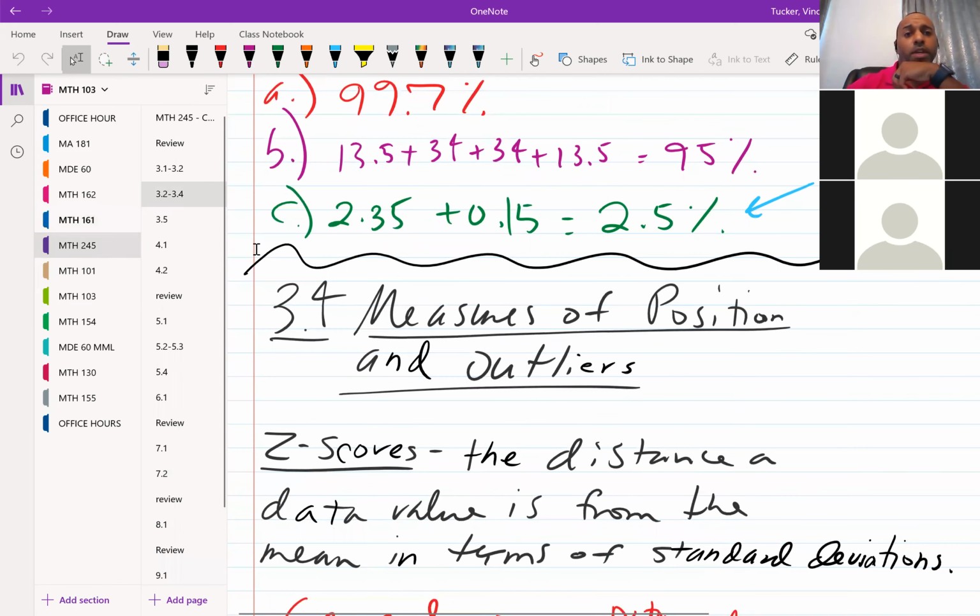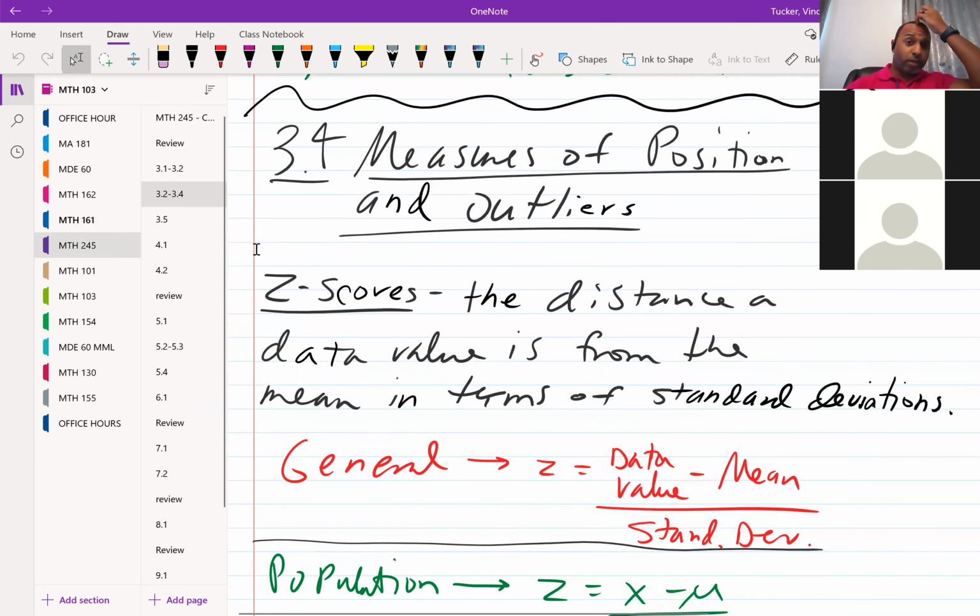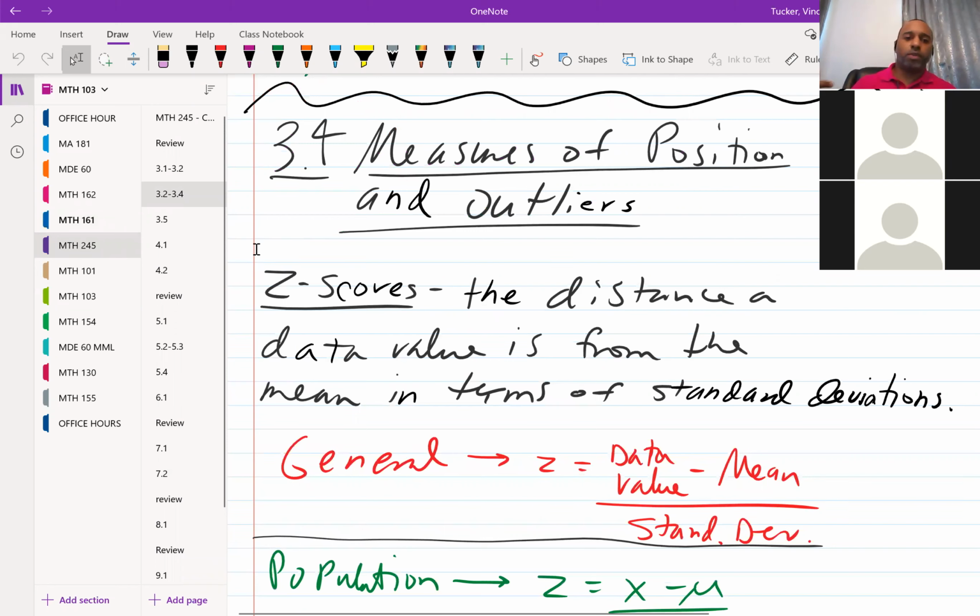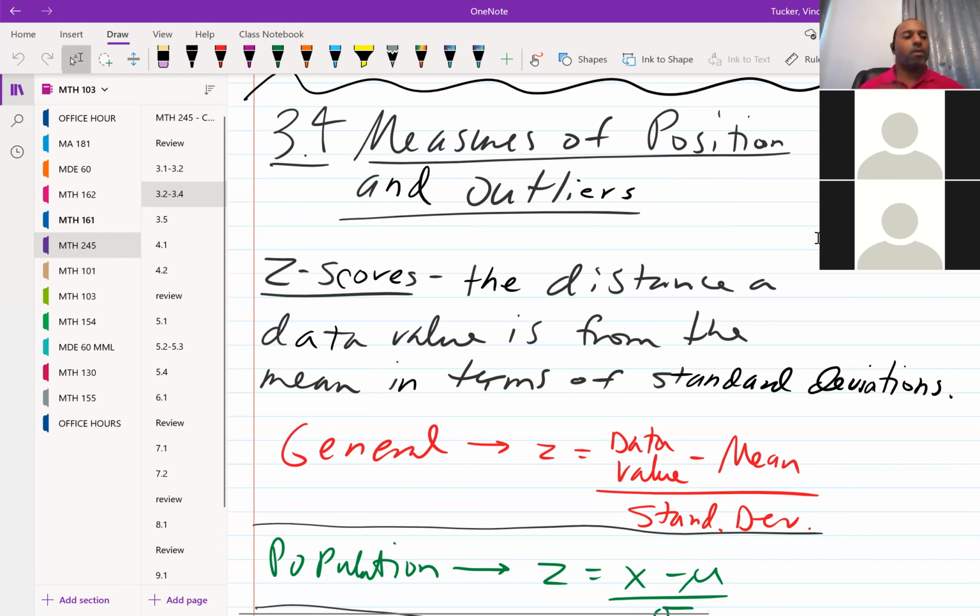Last class we did 3-1 and 3-2. There is no 3-3 that you're held responsible for. So we're going to 3-4, entitled Measures of Position and Outliers. All right, start off talking about Z-scores.